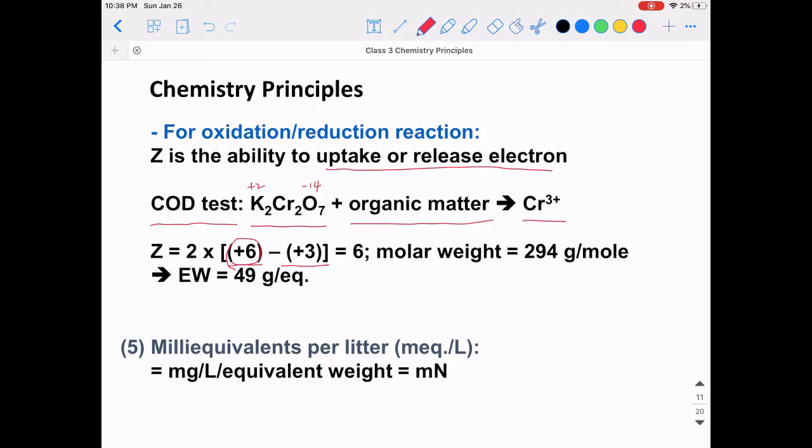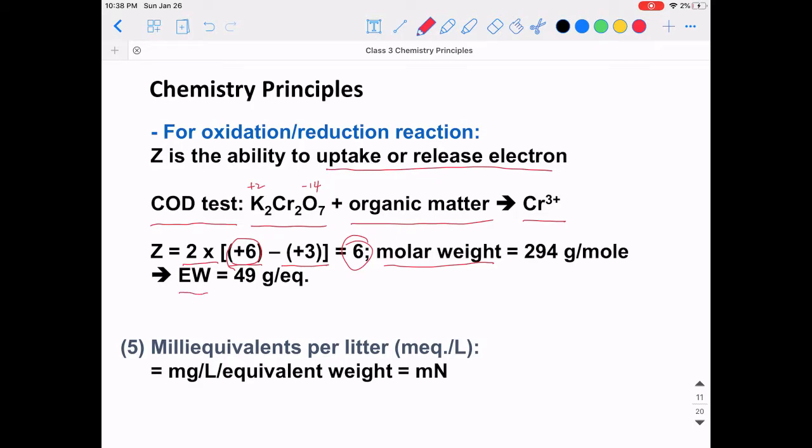There are two of them, which means that the Z here is going to be 2 times 6 minus 3, which is going to give us a number of electrons of 6. We also know that the molecular weight of the potassium dichromate is equal to 294.